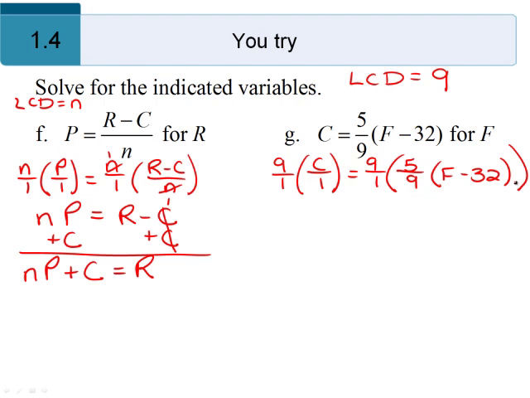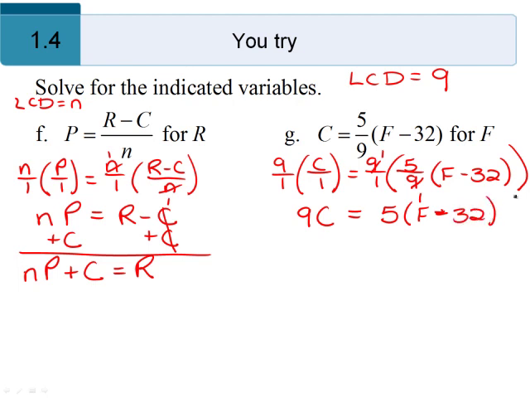So on the left side, we're going to have 9C equals, now on the right hand side, the 9's are going to cancel. So now you've got 1 times 5 is 5 times F minus 32.